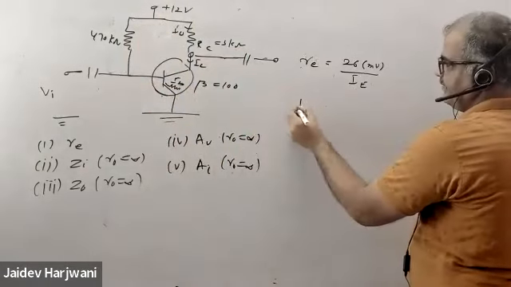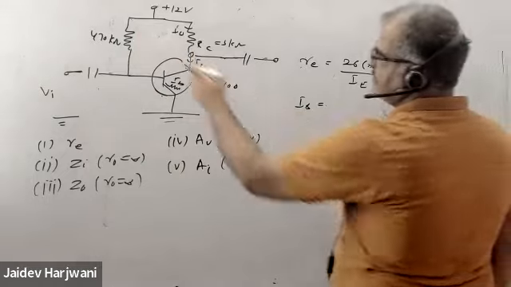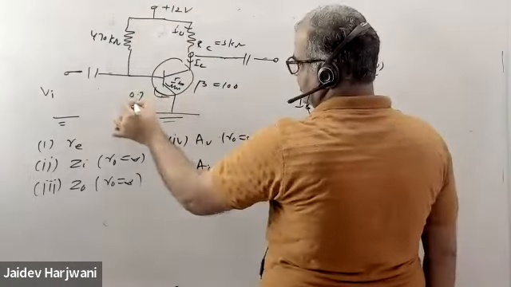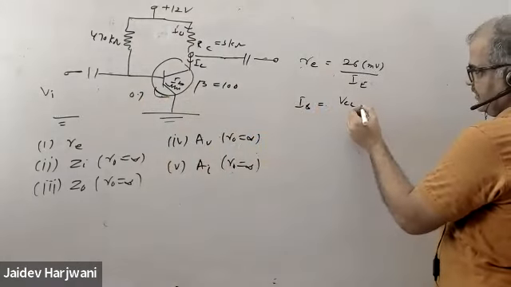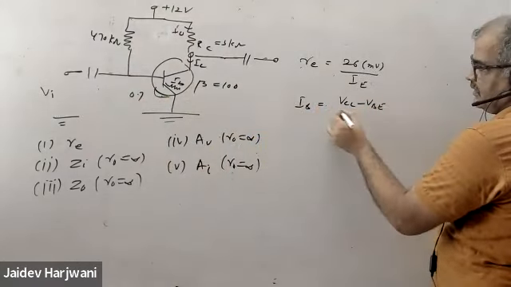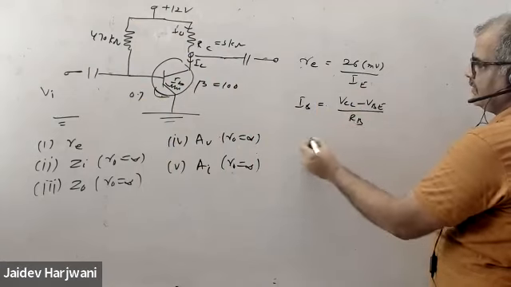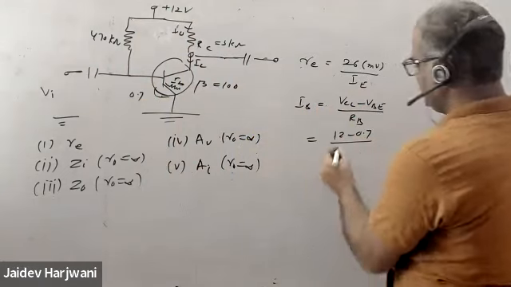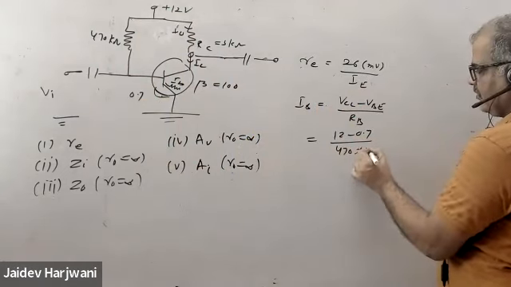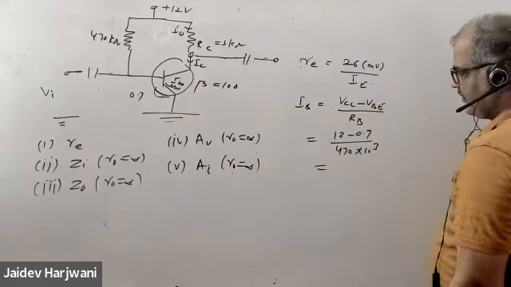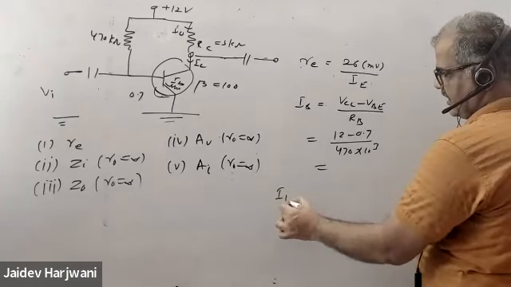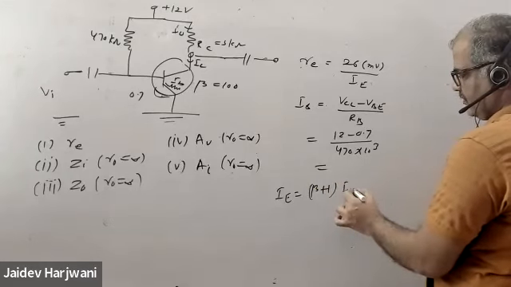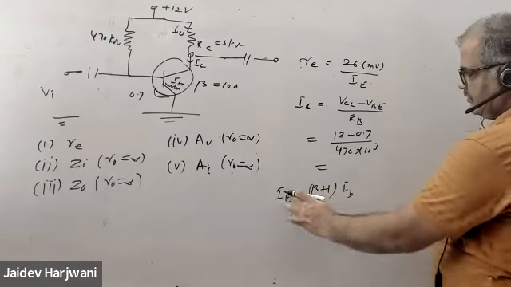So you want to calculate IB. IB is VCC minus VBE upon RB, taking VBE as 0.7. VCC is your 12 volt, RB is your 470 kilo ohm. This will give you the IB value, and once you know IB, you can take beta plus 1 times IB to find the IE value.